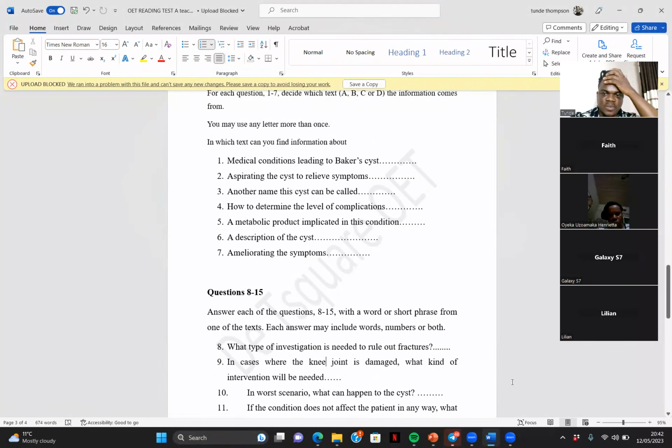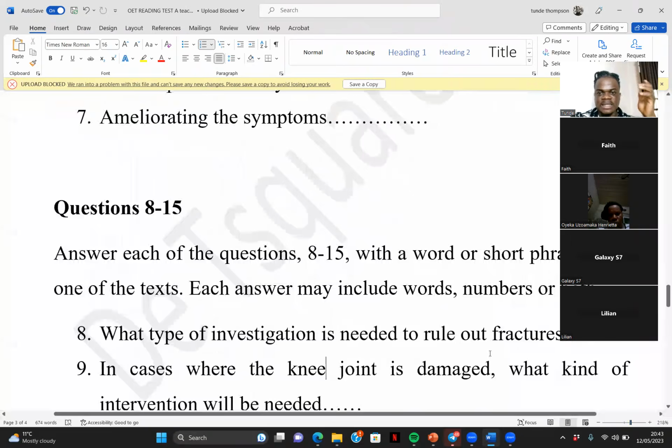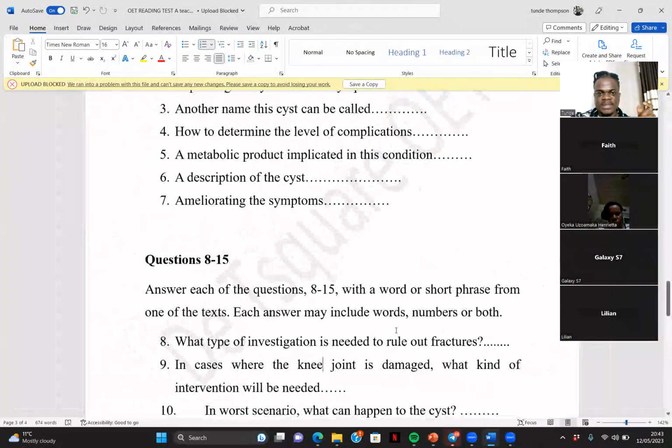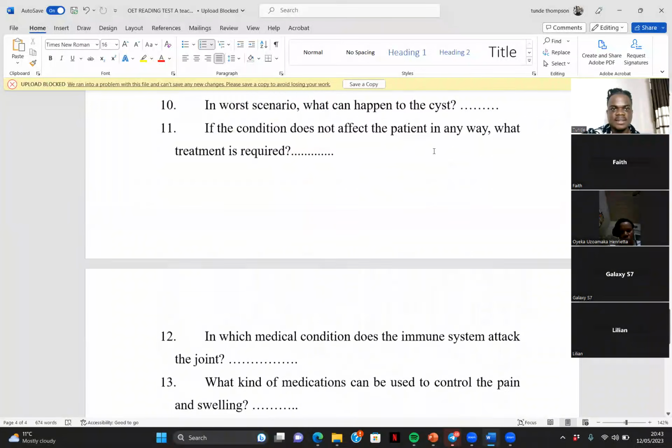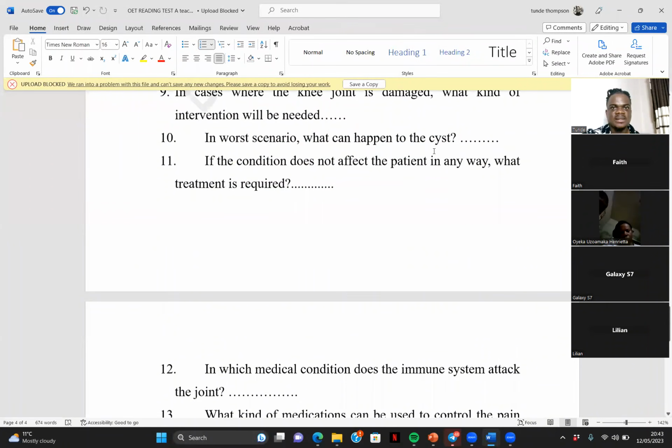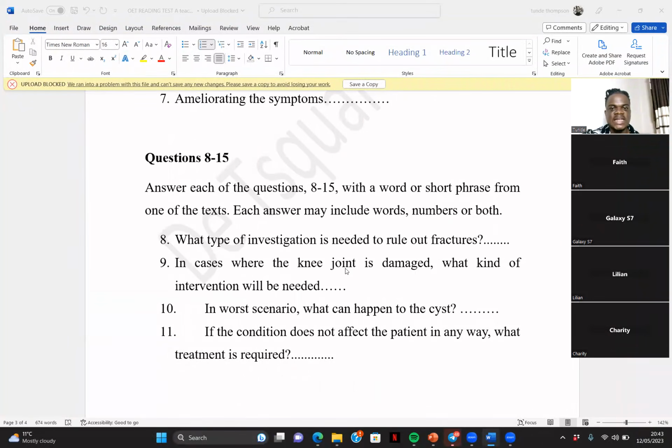So question number 9, let's make this a little bit bigger. Okay, X-ray, that's correct. In cases where the knee joint is damaged, what kind of intervention will be needed? Now, the first thing is to know, which text am I going to?